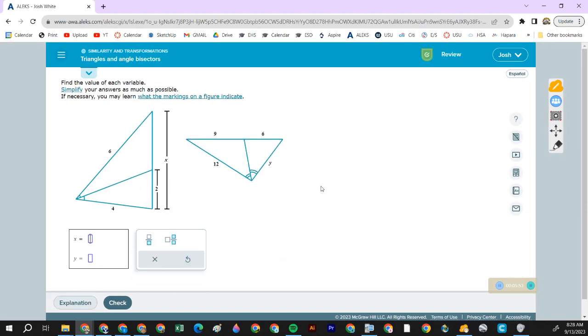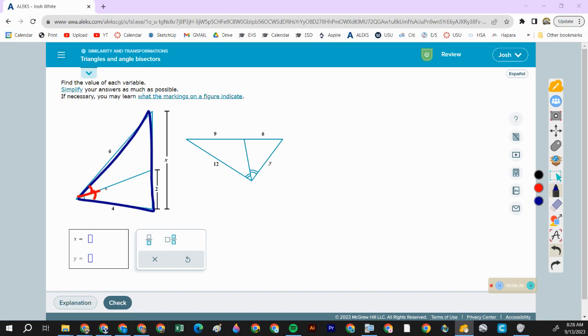All right, angle bisectors. We need to learn a new theorem. So, whenever you take a triangle, so here we have this large triangle, and on one of the angles you create the angle bisector.